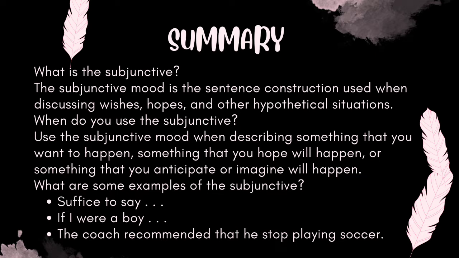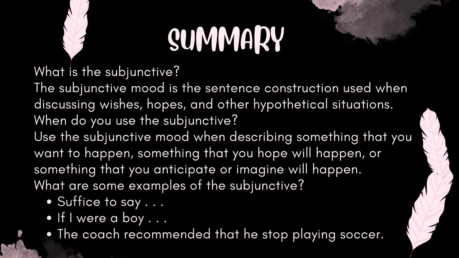Yeah, so for the last is a summary. What is the subjunctive? The subjunctive mood is the sentence construction used when discussing wishes, hopes, and other hypothetical situations. When do you use the subjunctive?